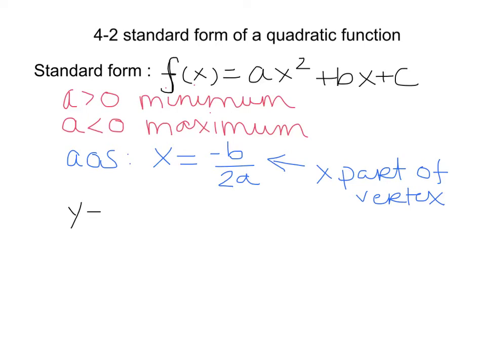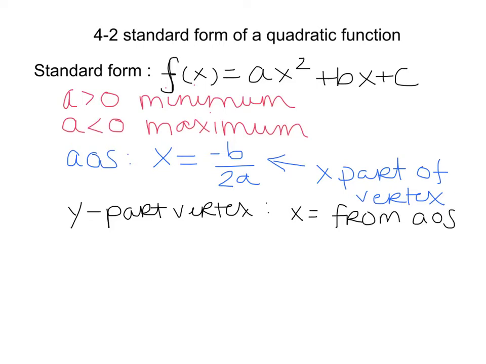To find the y part of the vertex, you are going to take what x equals from the axis of symmetry, and you are going to plug that value in for x into the given equation.